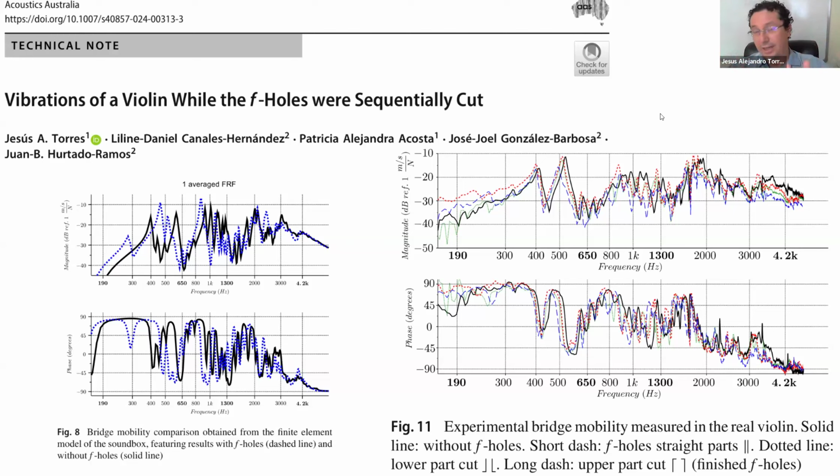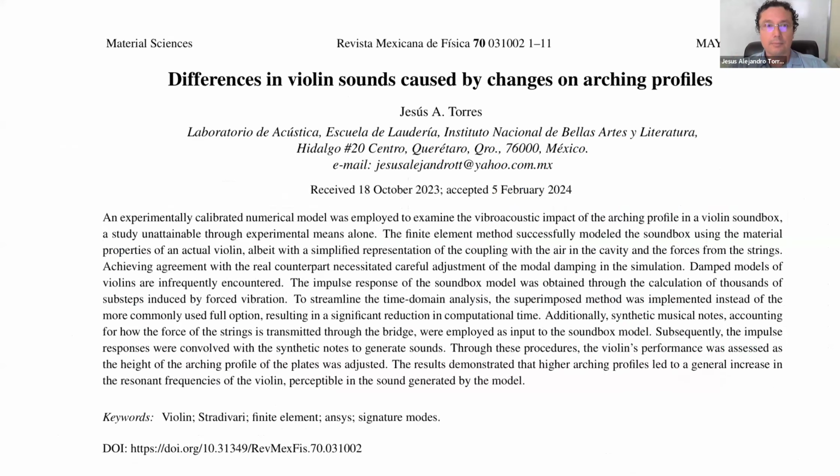Okay, finally, we have the simulations and the experiments. I mean, we create a violin for this task. And finally, this is a very quick talk. Finally, I want to show you this paper. It's available in Revista Mexicana de Física number 70.